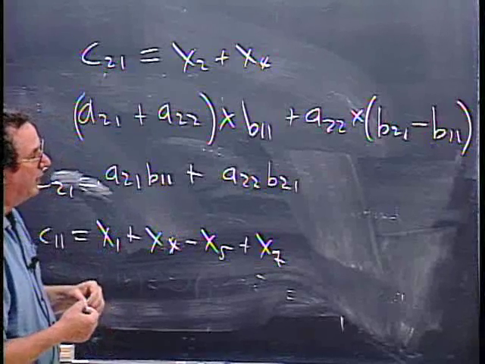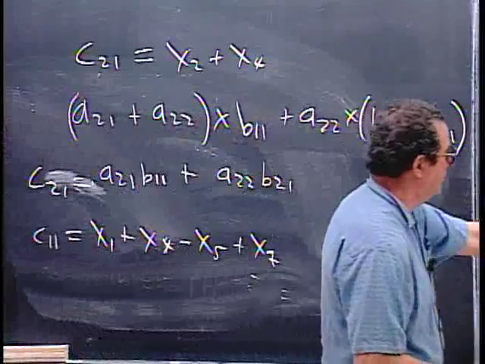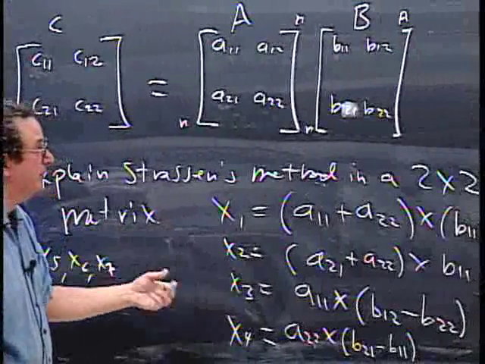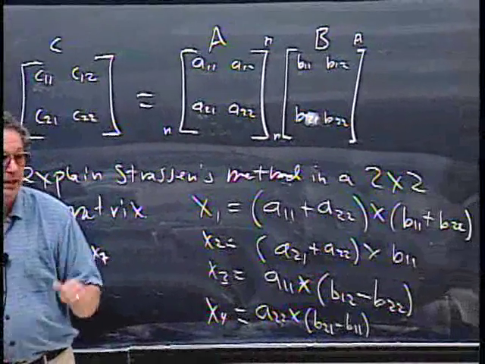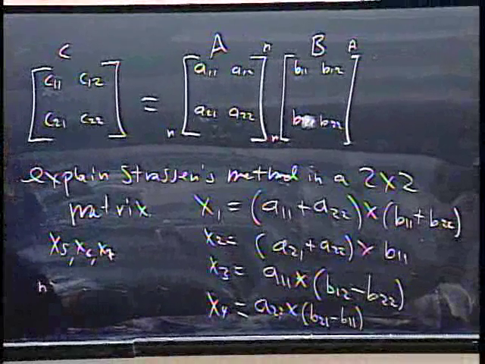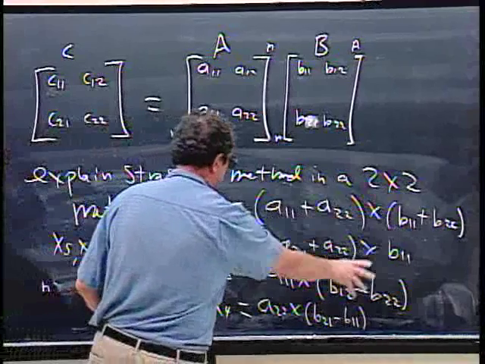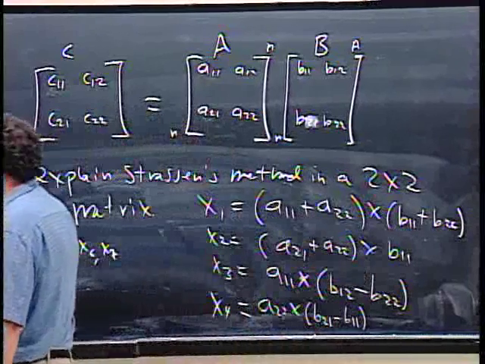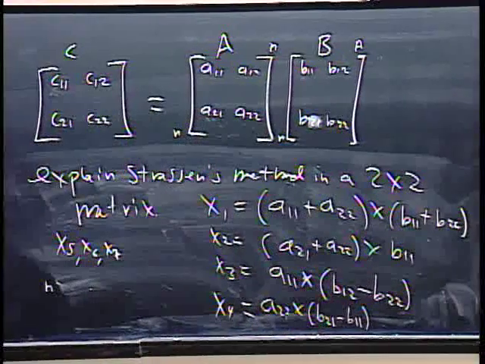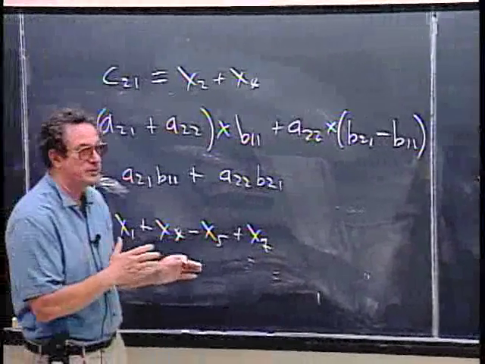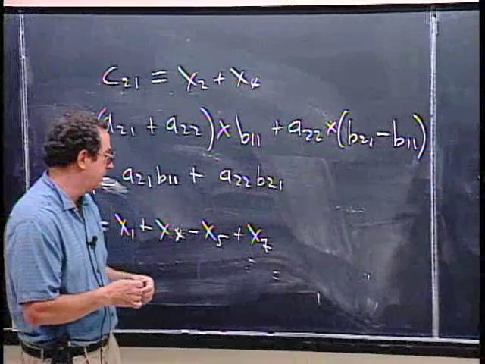Now, it turns out that forming the x's involves 7 multiplications, and doing all the additions and subtractions, we have some number of additions and subtractions here, some more here, and it turns out that it involves 18 additions and subtractions.